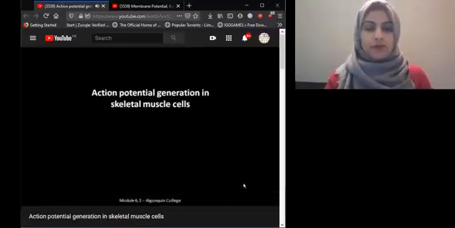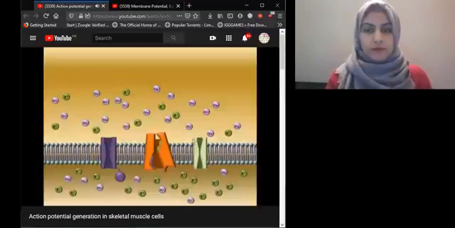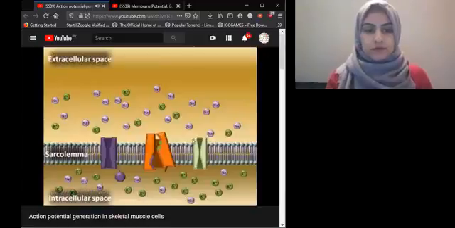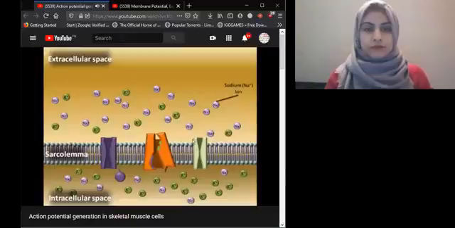Action potential generation in skeletal muscle cells. The sarcolemma is the plasma membrane of the skeletal muscle. It separates the extracellular space from the intracellular space. Sodium ions are highly concentrated in the extracellular space outside of the muscle cell, whereas potassium ions are highly concentrated inside the cell in the intracellular space.